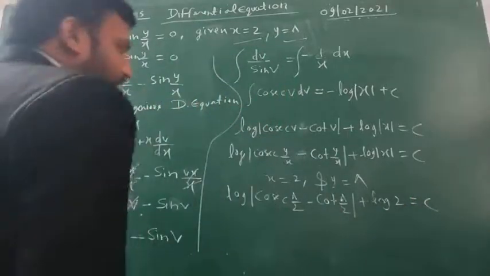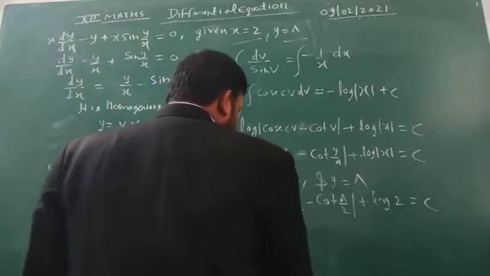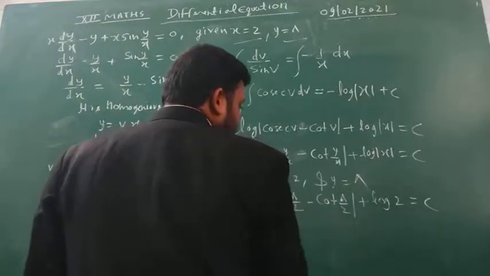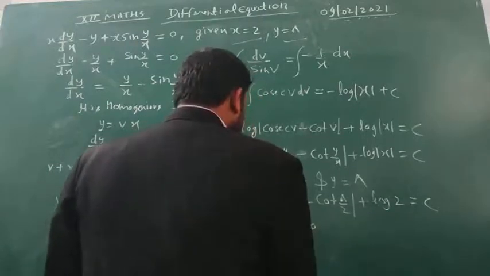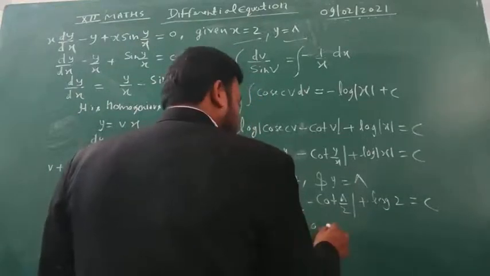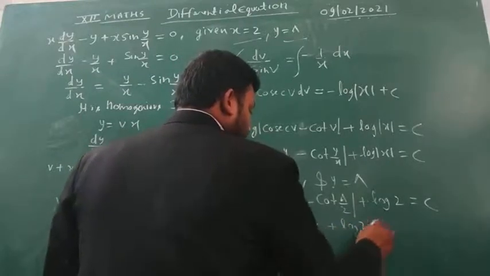So cosec 90 is 1 by sin 90, so this is 1, and cot 90 is 0. So students, we are seeing log 1 plus log 2.